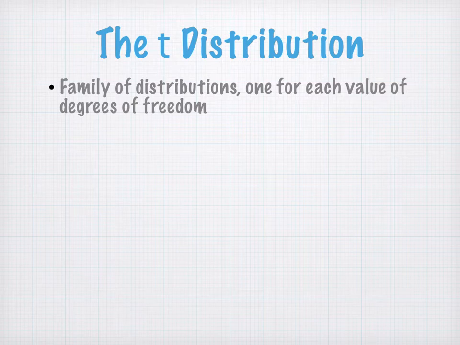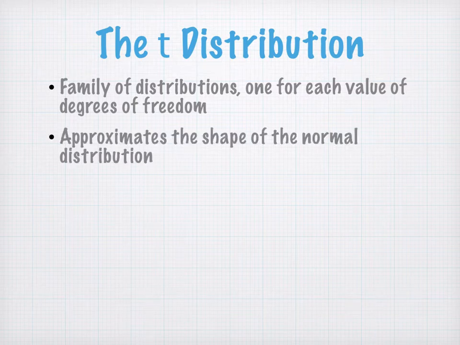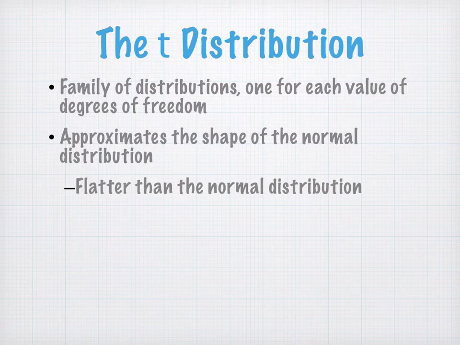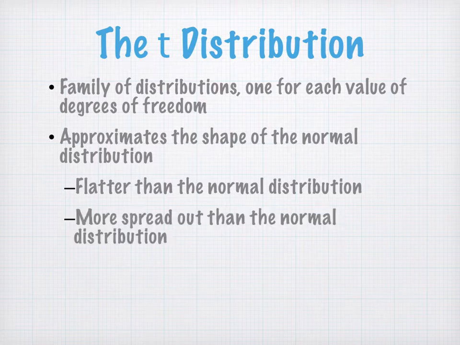And so that's why we have those T tables. That's why we don't have just a set number that we can look up for cutoffs, because every single degrees of freedom has a different T distribution. Again, this does approximate the shape of the normal distribution, but because it has fatter tails, it's a little bit flatter, you saw in the graph before, than the normal distribution, which also means it's more spread out.